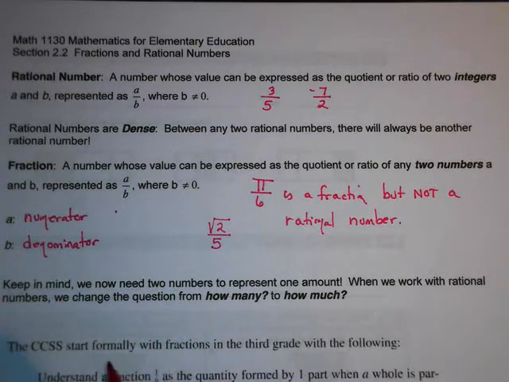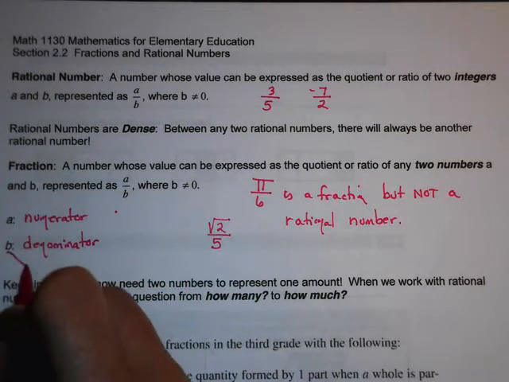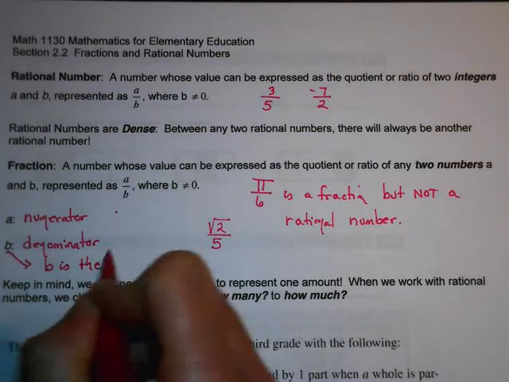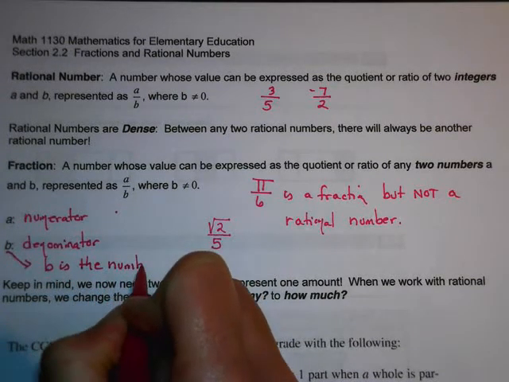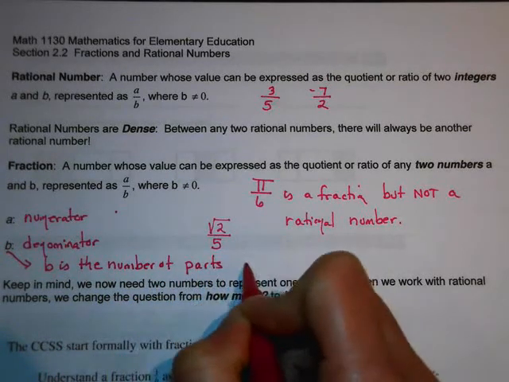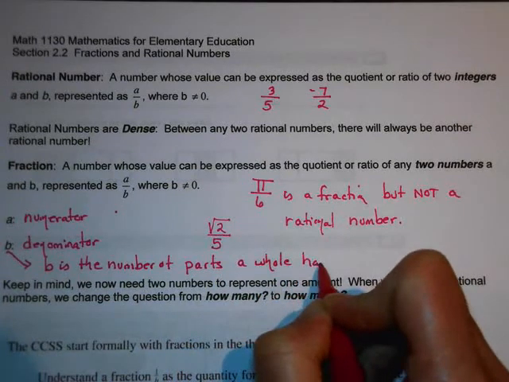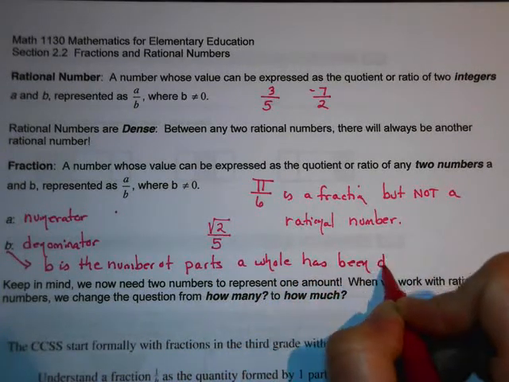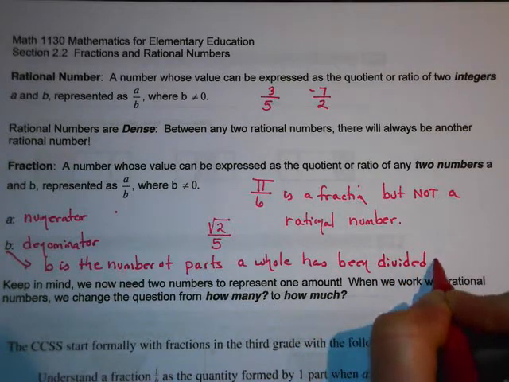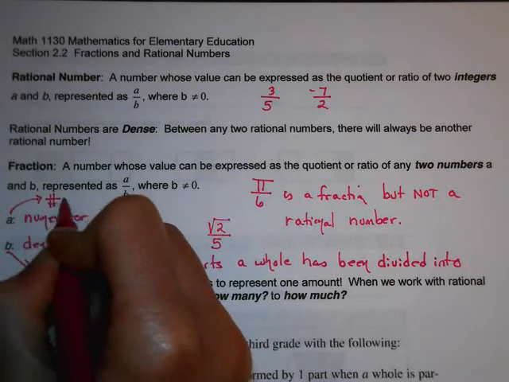So I was always taught B is the number of parts a whole has been divided into, and A is the number of parts of interest.